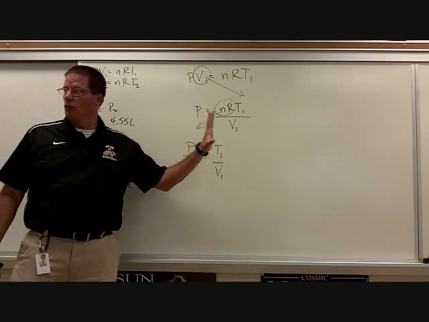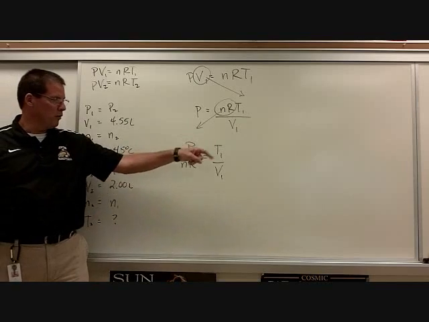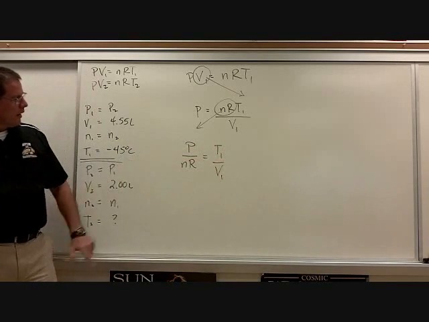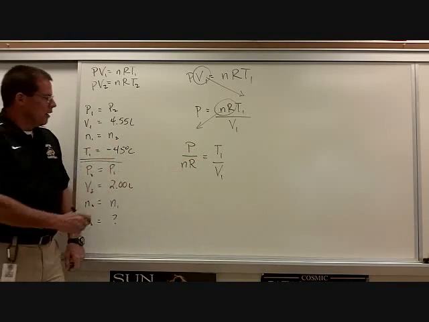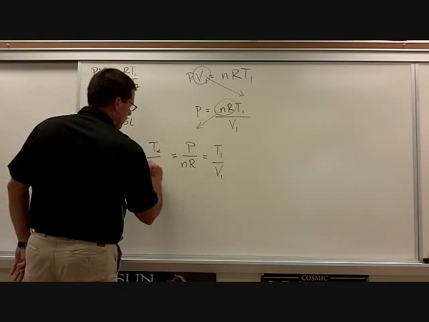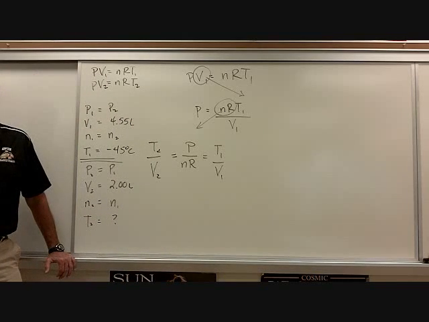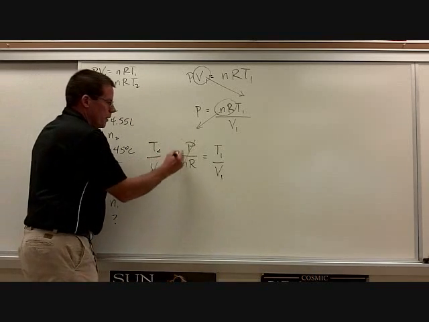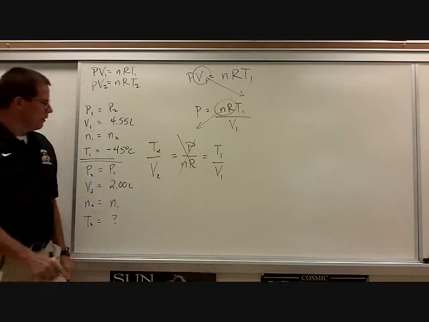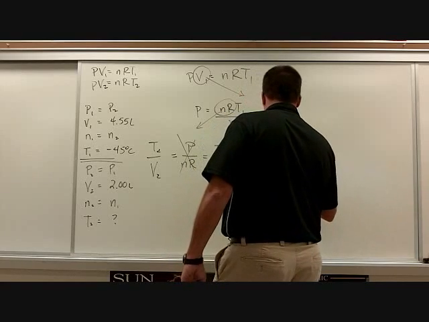Now we have the knowns on one side and the unknowns on the other. Actually, no, we do know these. And these don't change. So since I have my initial set looking like that, my final set better look the same. P and R don't change. So now we've got this.